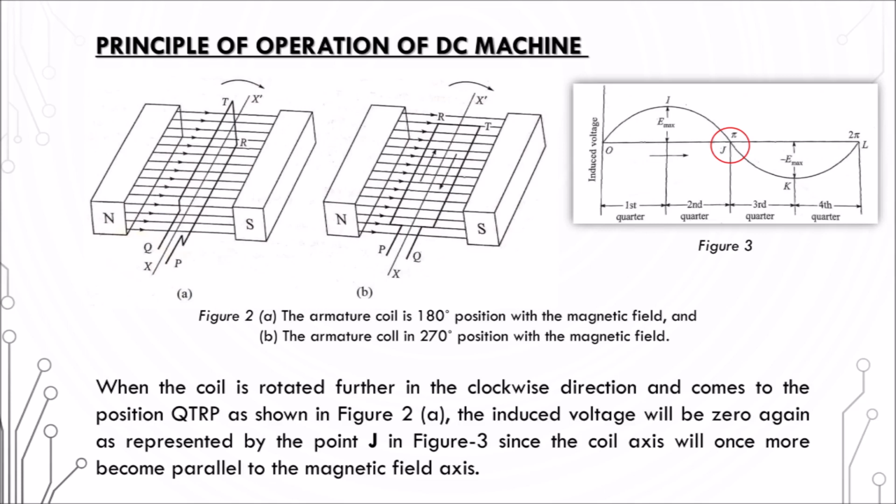In this way, a complete rotation of the coil from 0 to 360 degrees induces one cycle OIJKL of alternating sinusoidal voltage between the coil terminals P and Q.